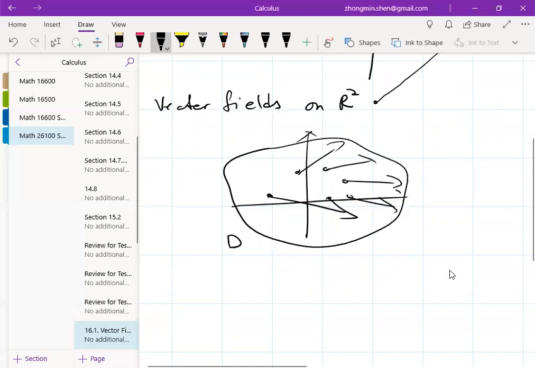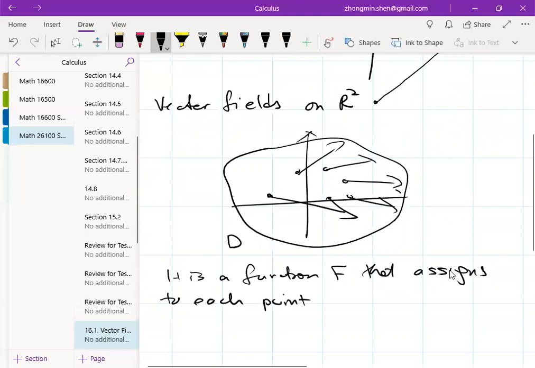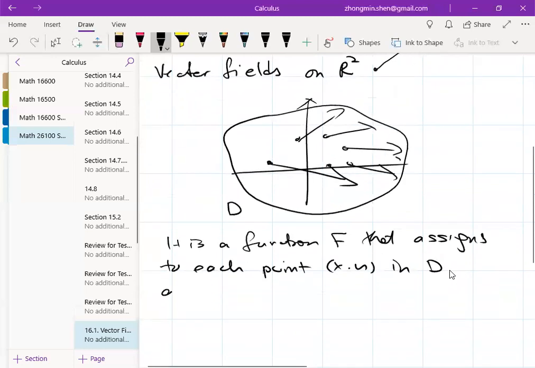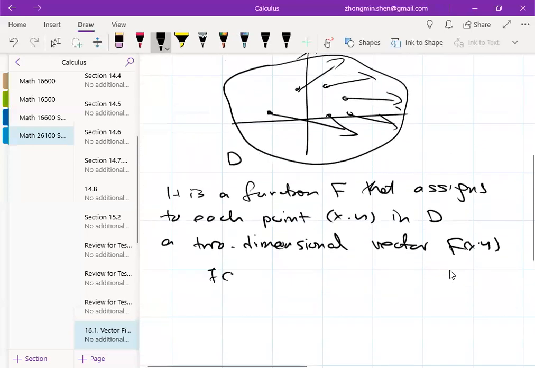So here's the precise definition. It is a function, capital F, that assigns to each point x and y in D a two-dimensional vector F(x, y). Usually F(x, y) is written in the following form.